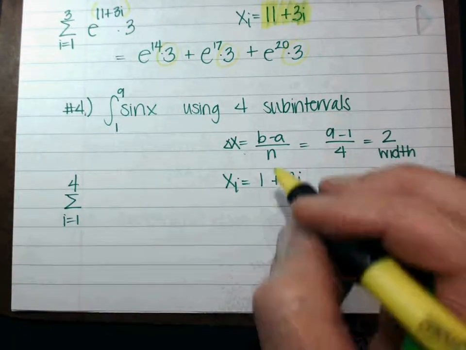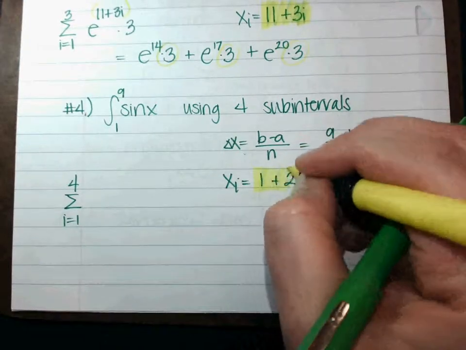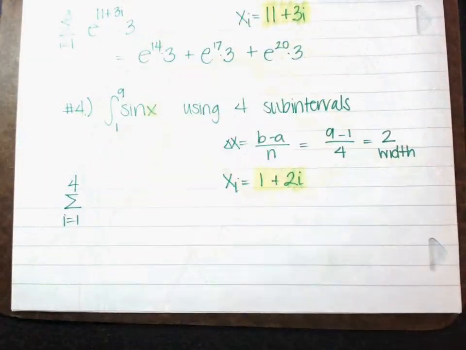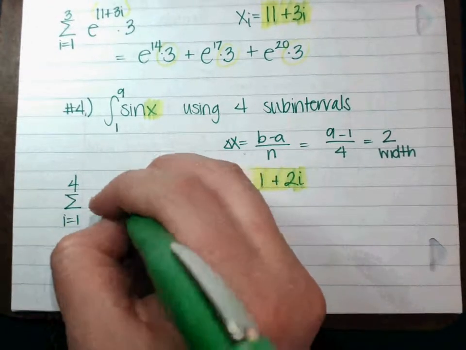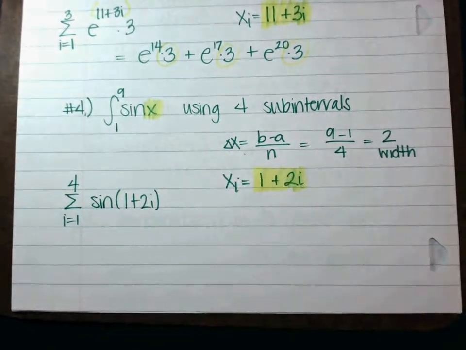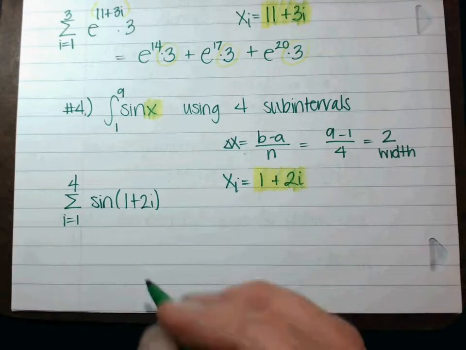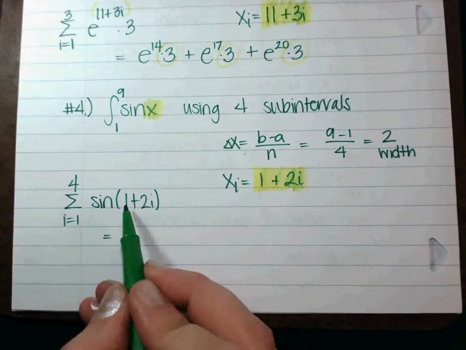And then I'm taking my x sub i and plugging it into x in my formula. So instead of sine x, it's going to be the sine of 1 plus 2i. And then from there, you would plug in those numbers ascending: 1, 2, 3, 4. Okay, so let's do 1 first. 1 plus 2.